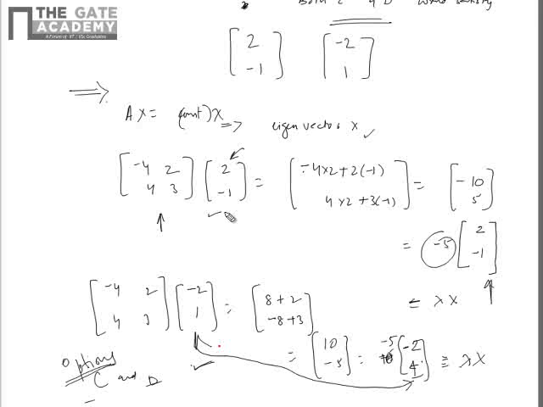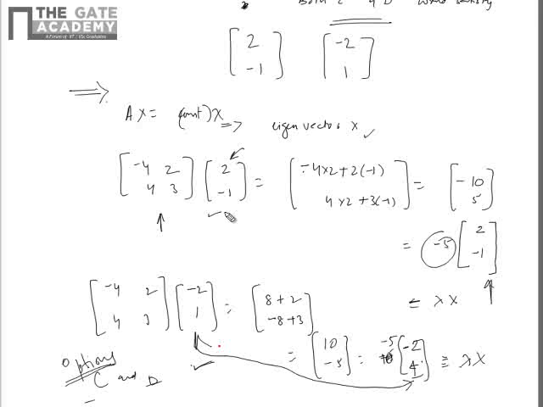So whenever you are given a matrix and asked to find the eigenvector, one standard procedure is the routine procedure: get the eigenvalues first from the characteristic equation, and once you get the eigenvalues, you go back to the equation (A minus lambda I) x is equal to 0, and from there you will get the general form of the eigenvector. Okay, that is somewhat lengthy. The other way is directly from the options, because there are only 4 options, so use each option and multiply with the matrix, Ax.